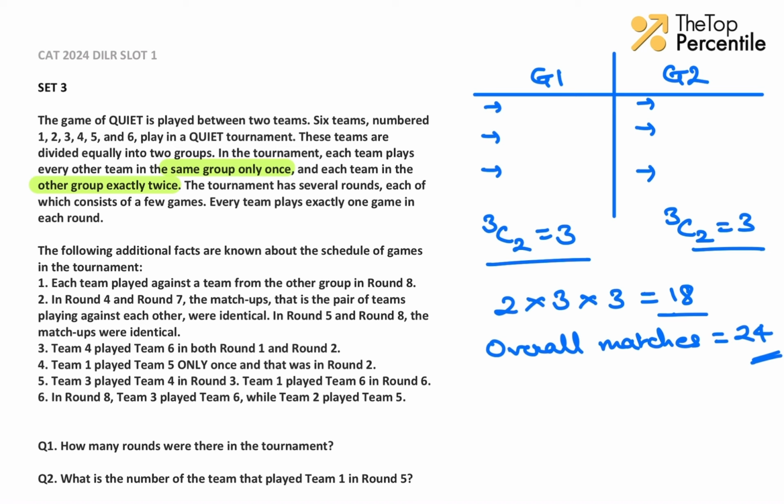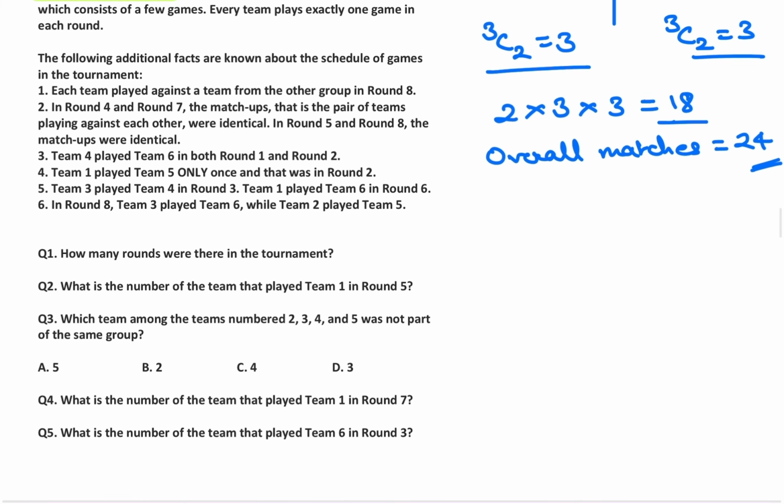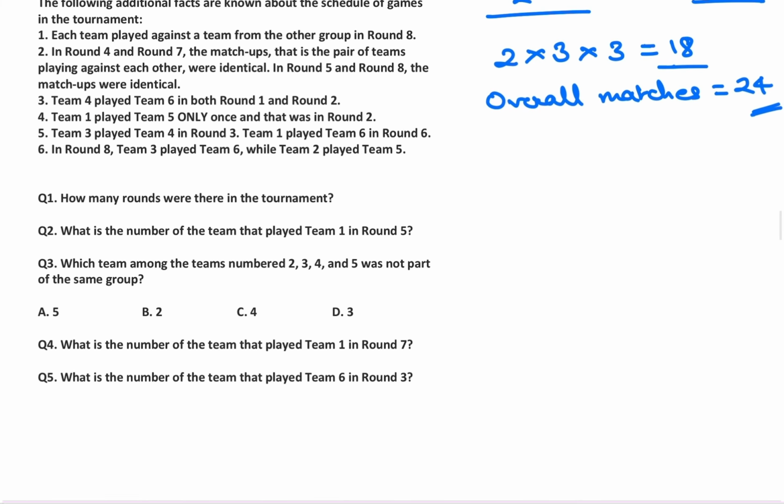Now, in one round, there can be only three matches played, right? If 1 plays match with 2, 3 plays with 4, 5 plays with 6, maximum there can only be three matches played in one particular round. So how many rounds will I have? It will be 24 by 3. That means I have 8 rounds. Okay, so let me make a table for 8 rounds here.